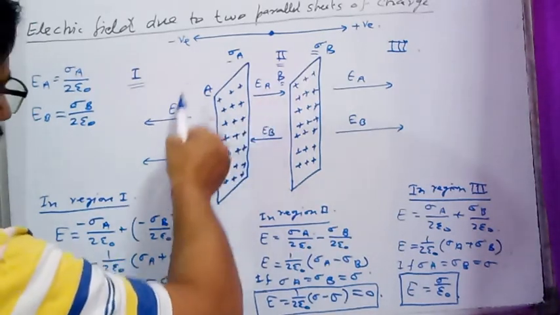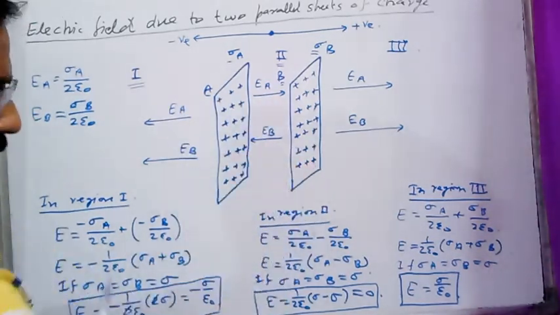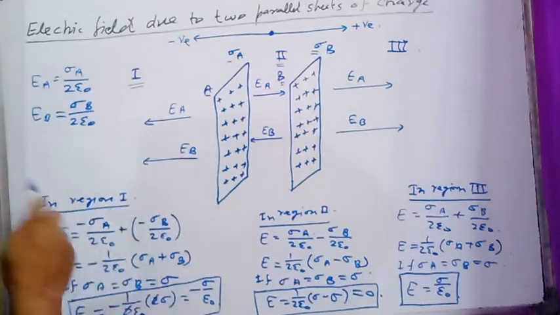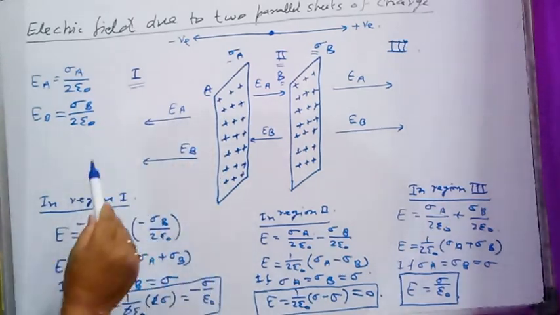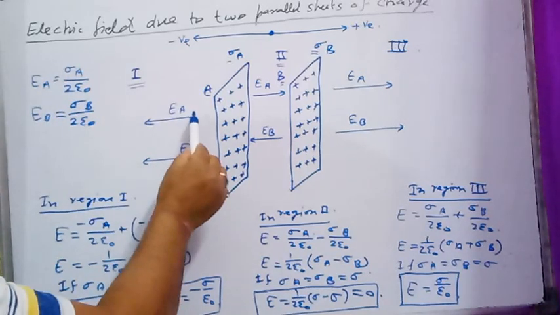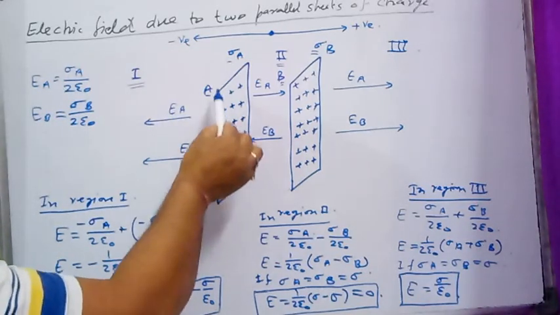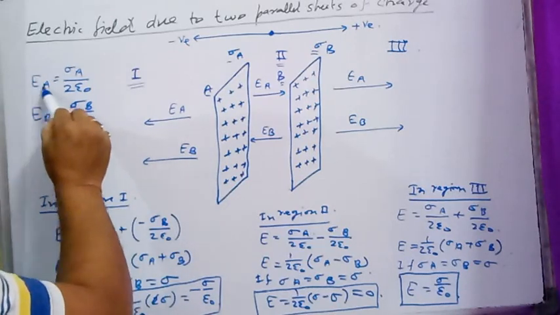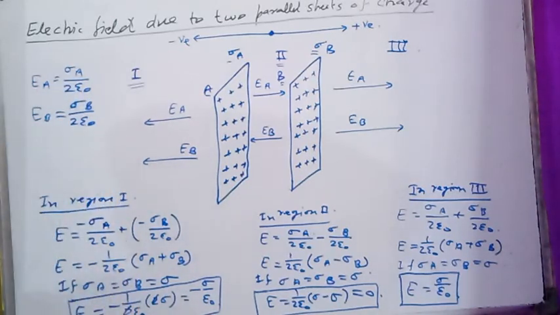in an immediate surrounding of the sheets, in that condition electric field due to sheet A, as from the previous application we have seen electric field in the nearby space due to one sheet of charge, E is equal to sigma divided by 2 epsilon naught.